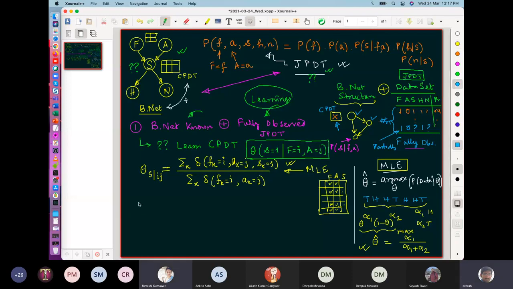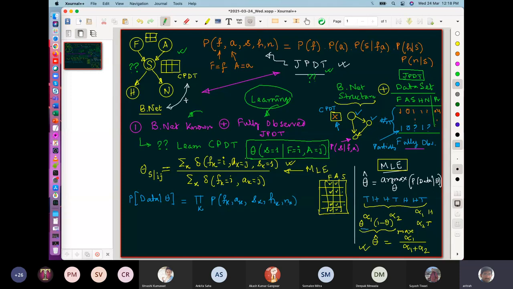So you can just dig down. I'm pushing it a little bit more so that you could derive the operation. As we derived in the coin flipping case, for all the examples it is a probability of Fk, Ak, Sk, Hk and Nk.